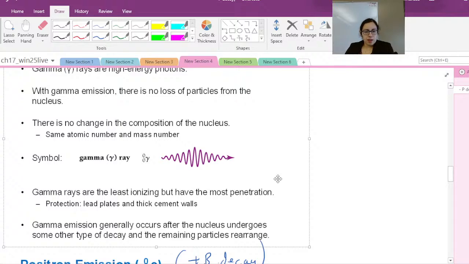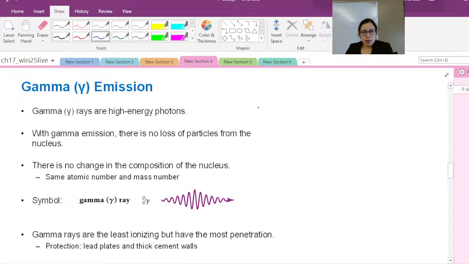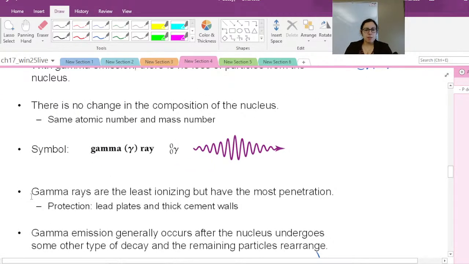And so, like I had mentioned, you might see that little M on something, and that lets you know that it's some sort of metastable, and it might decay, especially by the gamma route. Gamma is massless and chargeless, so this is just our symbol here.